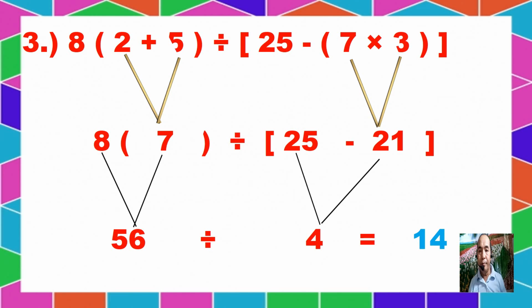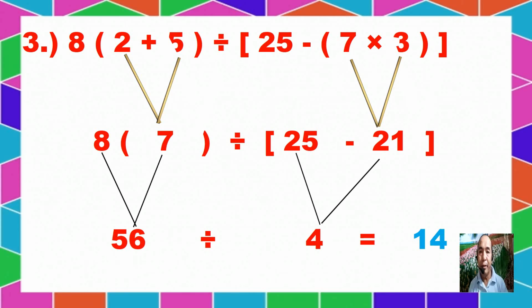Okay, let's solve exercise number 3. So we have 8 quantity 2 plus 5 divided by nested parentheses 25 minus quantity 7 times 3 nested parentheses. Again, we read nested parentheses because the parentheses grouping is also enclosed by another grouping, which is the braces.